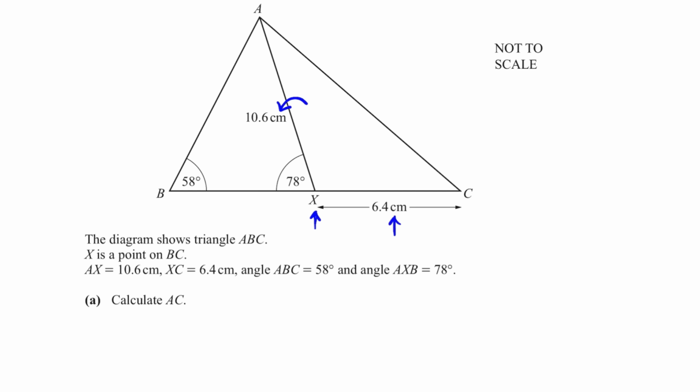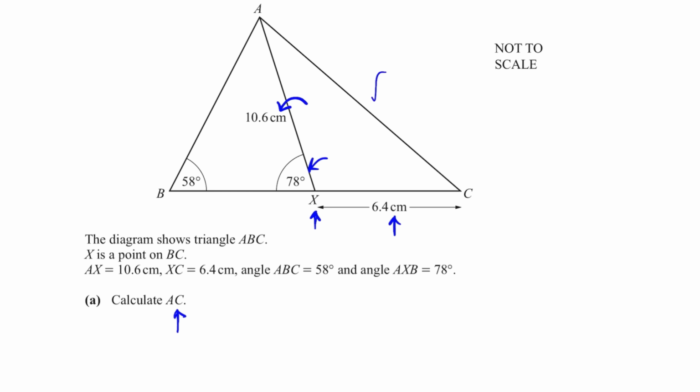I'm reading out the information so that we know what parameters are given to be able to calculate what we are told to calculate for. Also, the angle AXB is given. Now the question says calculate for AC.